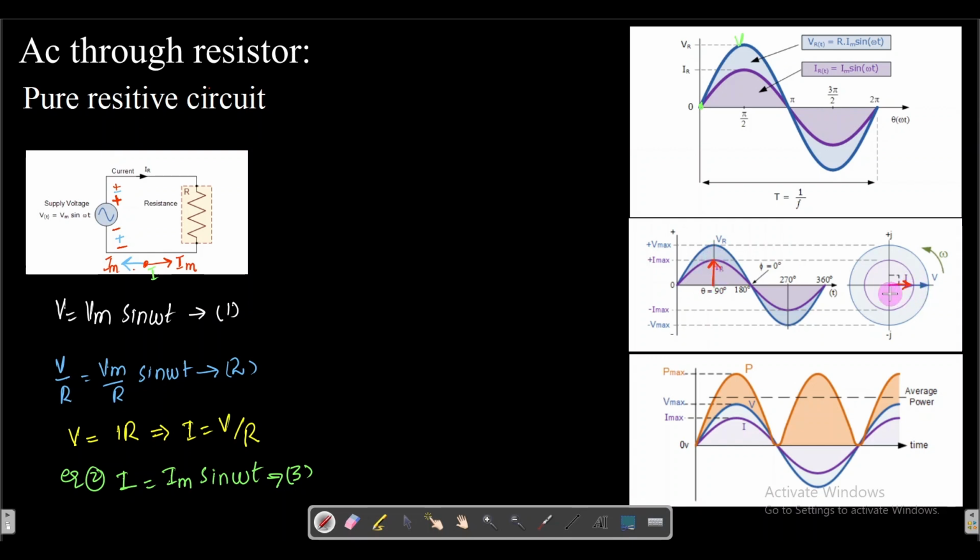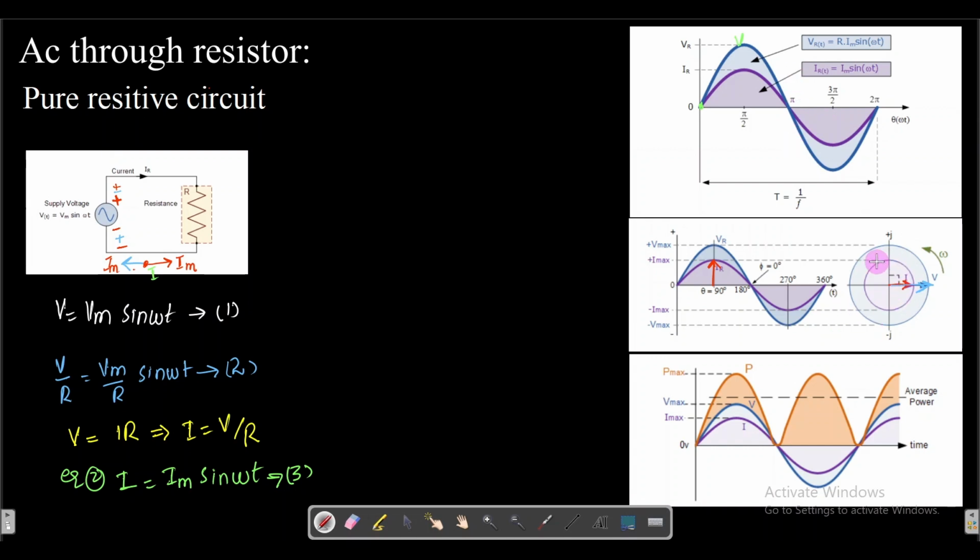Therefore here we draw the vector with the larger magnitude, and that vector will represent the sine wave for the alternating voltage.